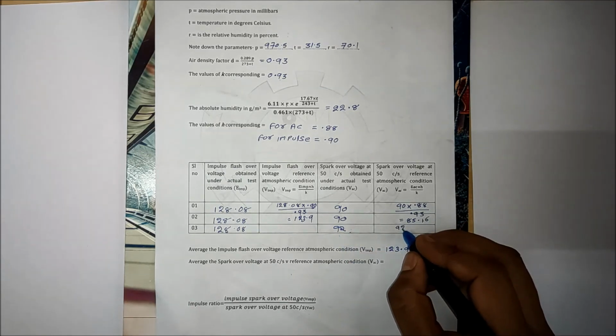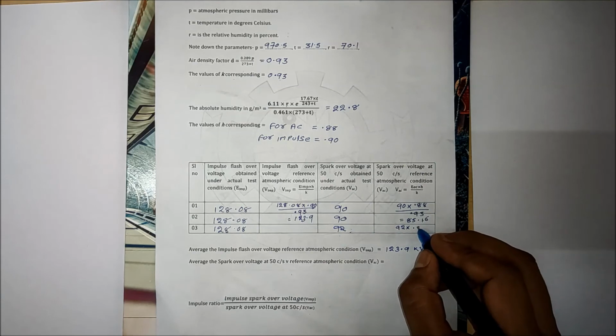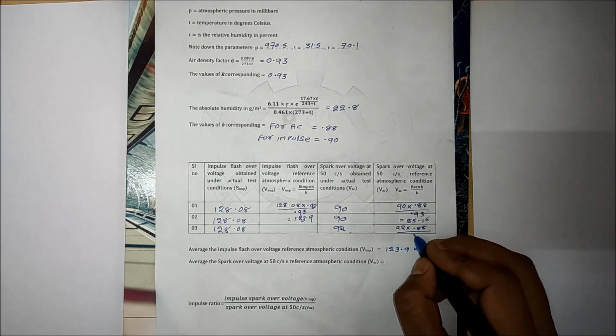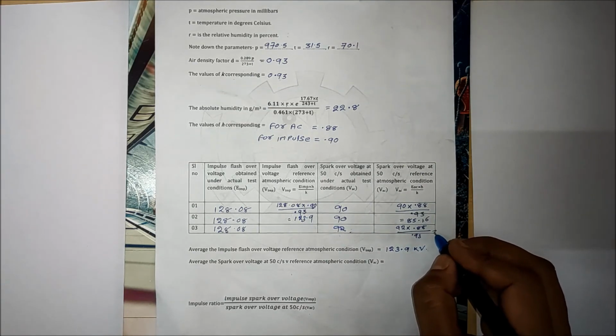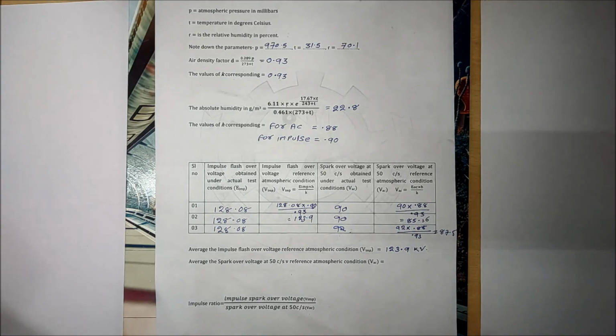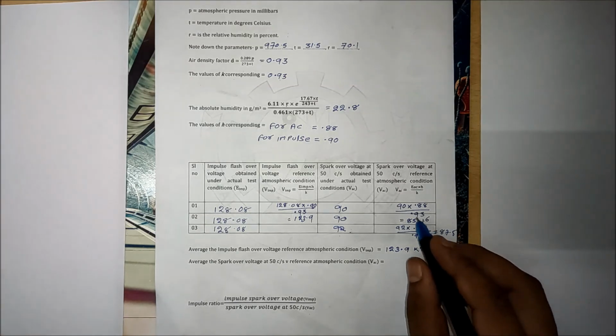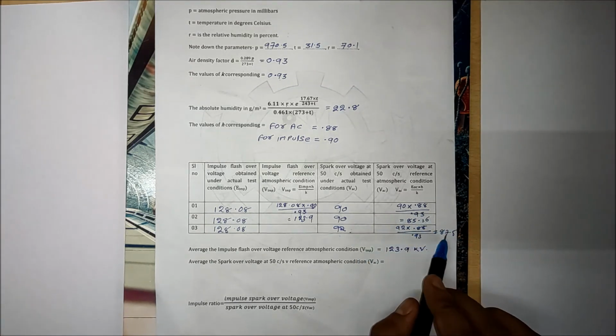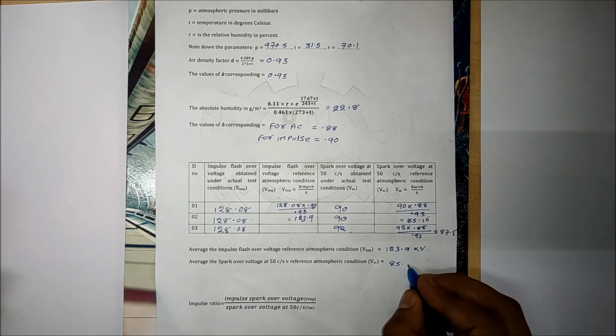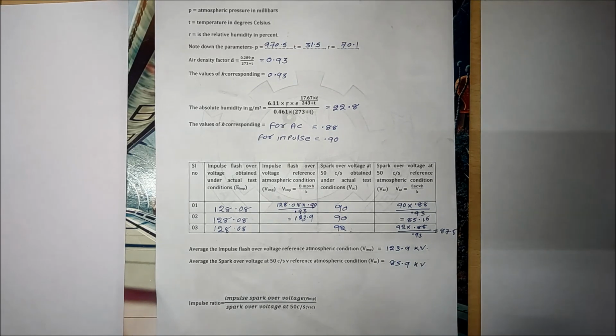Then again calculate 92 into 0.88 divided by 0.93. How much? This is calculated as 87.5. Okay. Then the average value of this and this is how much? 85.9 kV.